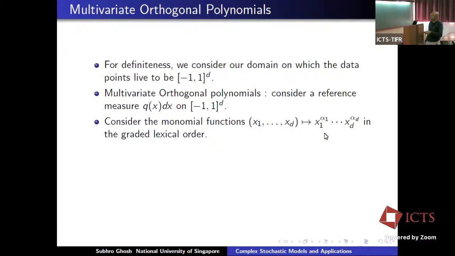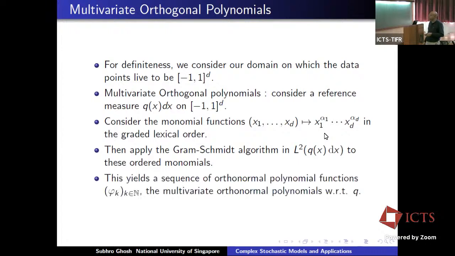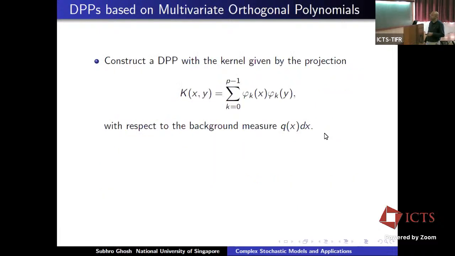These are obtained by doing Gram-Schmidt on the usual monomials with respect to the reference measure Q. For Q, for example, you can take Lebesgue measure or Jacobi measures, etc. This gives a sequence of orthonormal multivariate polynomial functions phi k. Then you can construct your DPP kernel by taking the projection onto the first P orthogonal polynomials. This is the classic orthogonal polynomial ensemble of rank P with respect to the background measure Q.